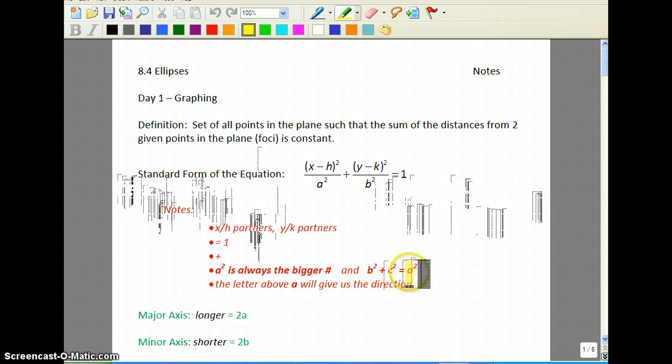Now, some of the most important things to know is this right here. Whichever number is bigger in this bottom spot is going to be called your a squared. So it doesn't matter, it can be over here or it can be over here. That's going to be your a. The a is important because just like in parabolas, a gives you the direction.